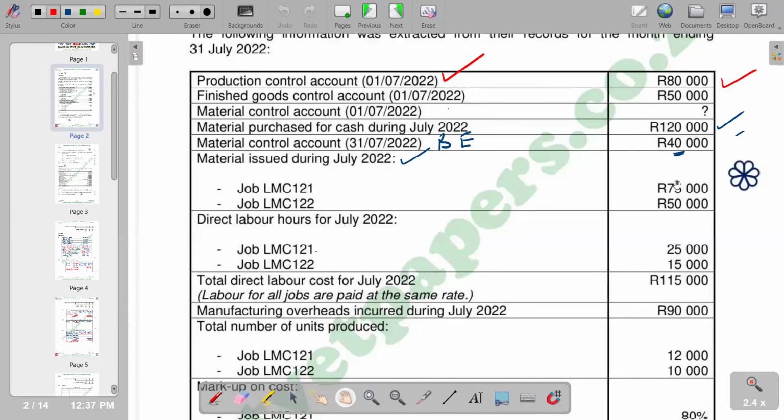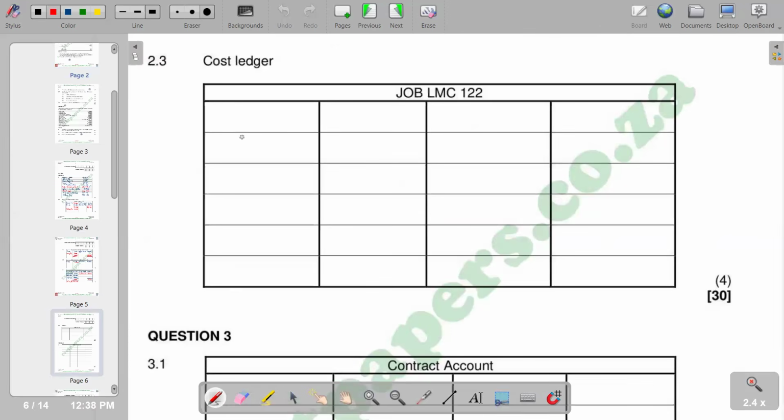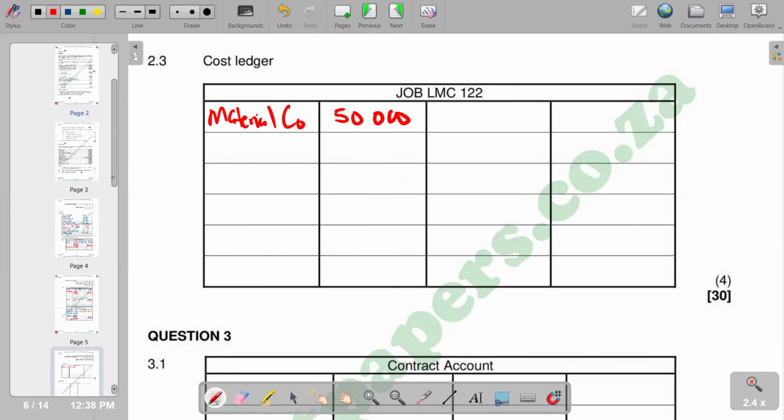We go to the debit side and put 50,000 as our material issued, which is coming from material control. So we are saying material control, and the amount that we have is 50,000.